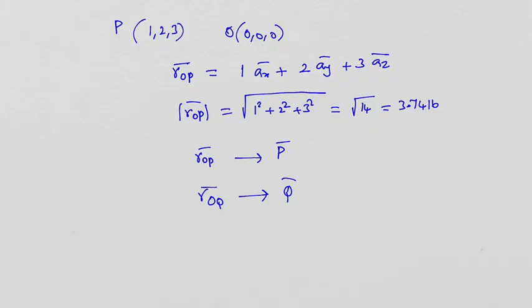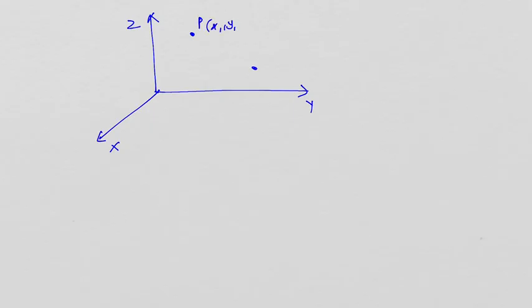In fact, for example, I have a rectangular coordinate system, a right-handed rectangular coordinate system, where there are 2 points. For example, point P is at the coordinates x1, y1, z1, and Q is another point located at x2, y2, z2.